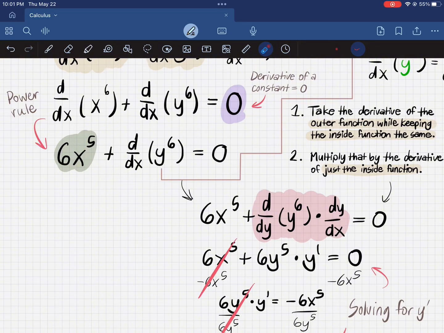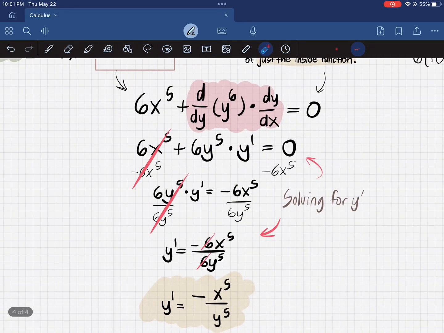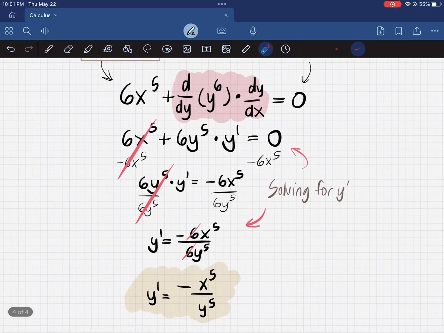So then we can rewrite this as this. Then to solve for y prime, we simply subtract 6 times x to the fifth power on both sides. Then divide both sides by 6 times y to the fifth power. And we get this.